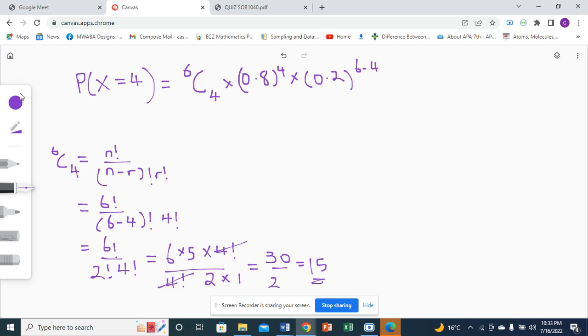Okay. Excuse me, we have 0.8 to the power 4. 0.8 to the power 4 is 0.4096.